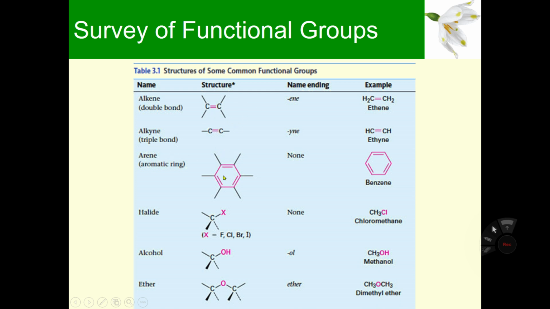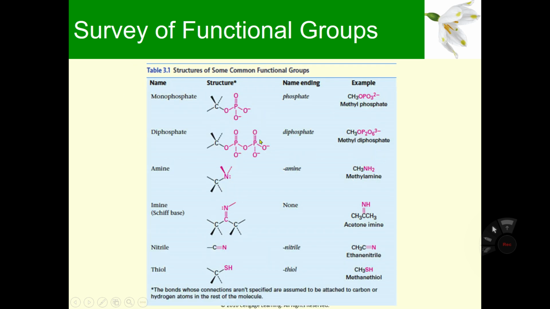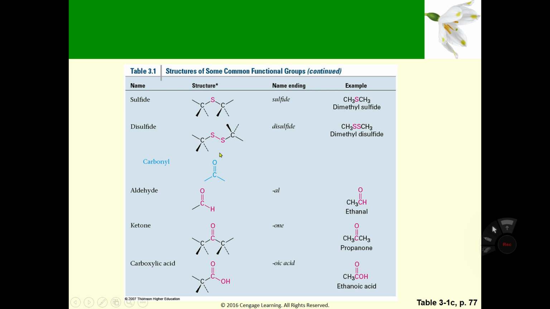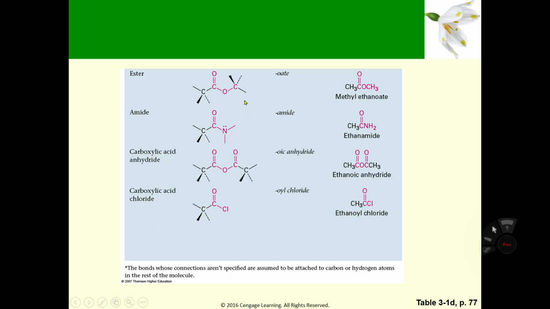We'll say about double bond, aromatic, alkyl halide, alcohol, ether, and phosphate, phosphoanhydride, amine, imine, nitrile, thiol, sulfide, disulfide, and various kind of carbonyl compounds like aldehyde, ketone, carboxylic acid, ester, amide, anhydride, and acetyl chloride. Each chapter of organic chemistry in this class will cover most of this kind of functional groups later.